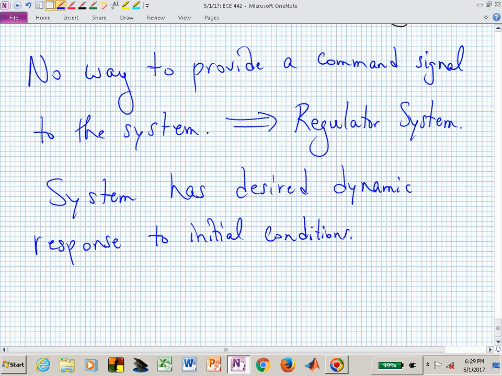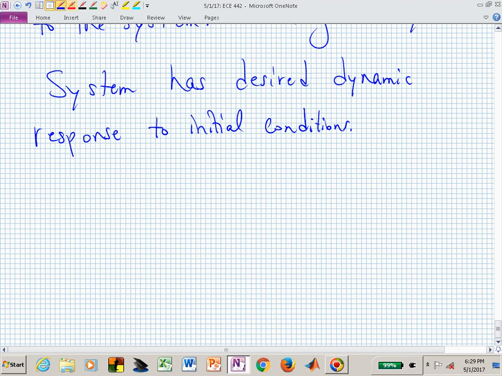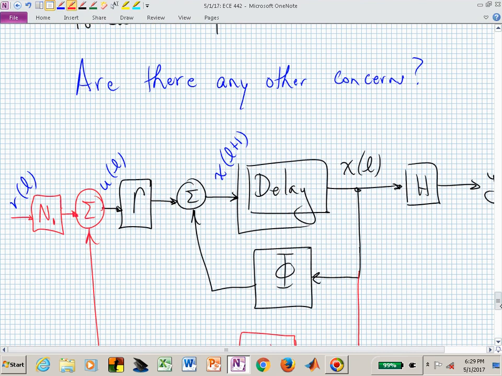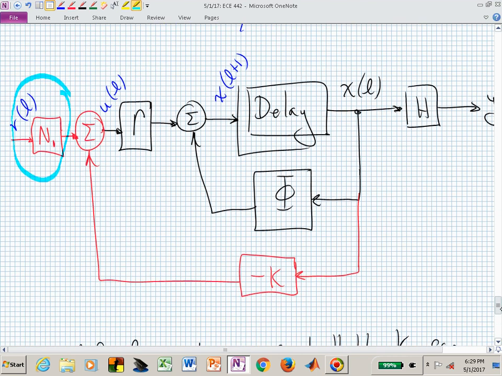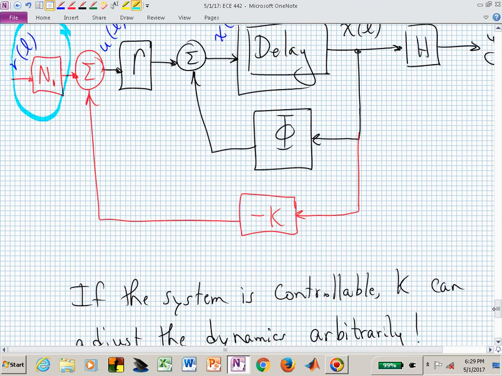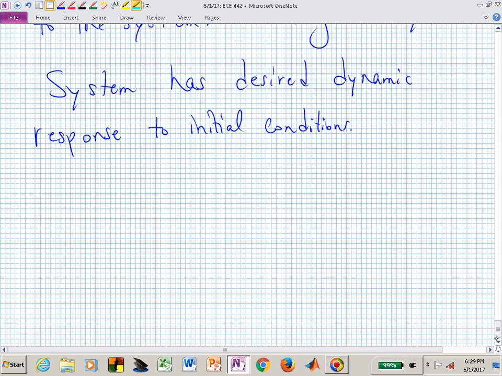To initial conditions, and what we just wrote down in red, well, in this part, is now we have introduced a reference input. So the question was, can we introduce a reference input?